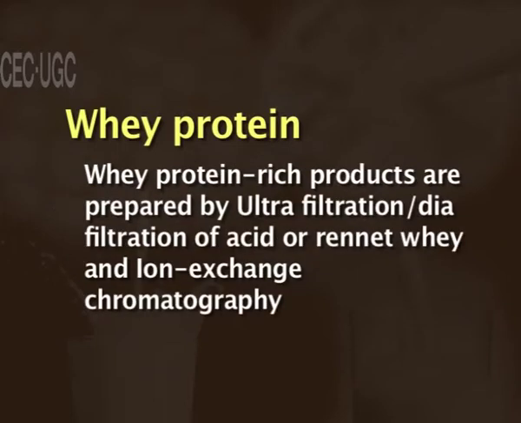Now these whey proteins have a very important role to play because they have very good biological value, and therefore they can be separated by the ultrafiltration technique or the diafiltration technique commercially.